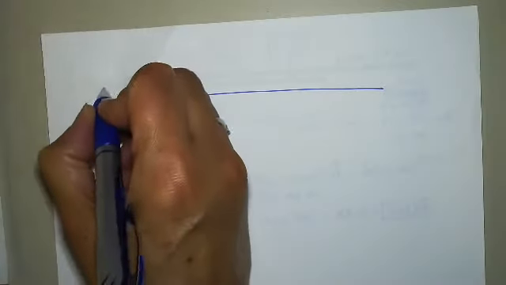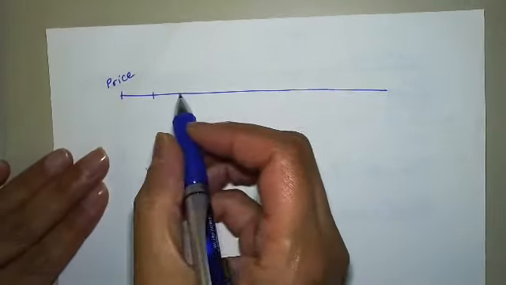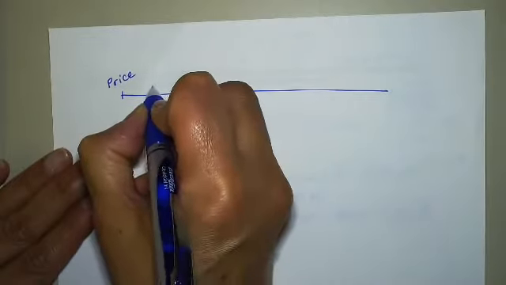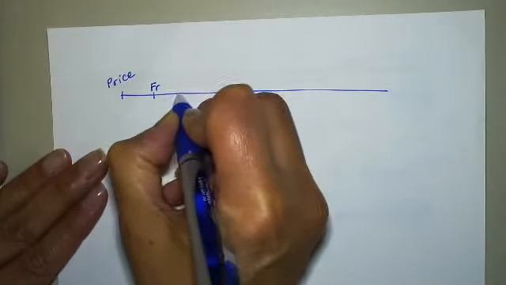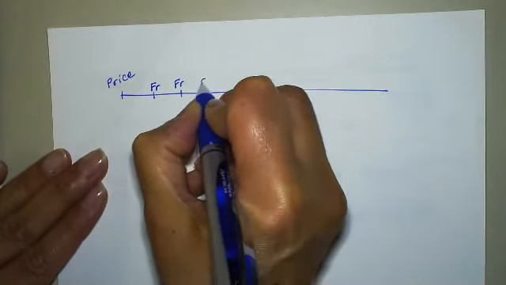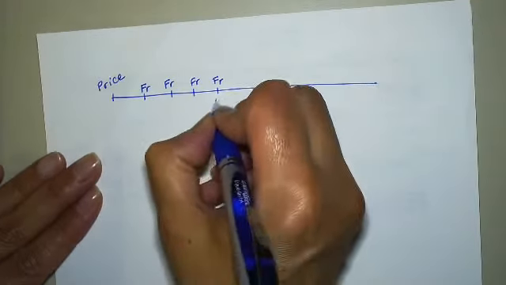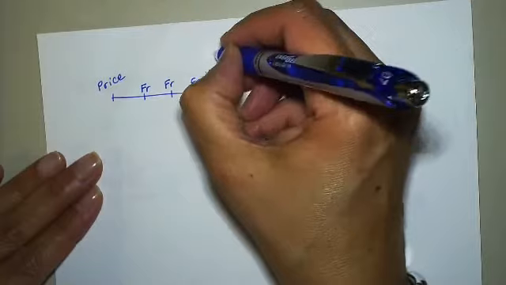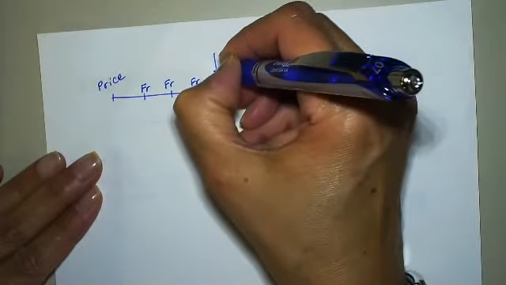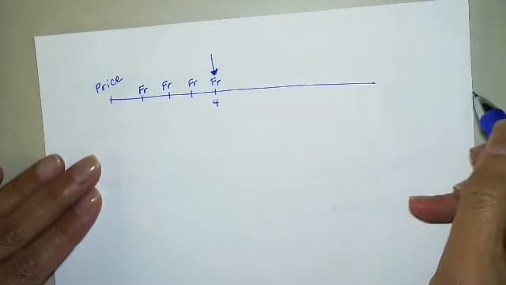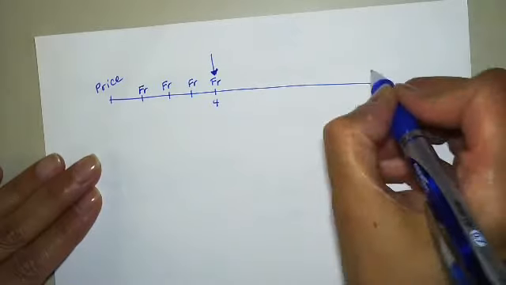Let's draw a picture, okay? I have a bond. I have already paid the price, and I've collected a coupon, a coupon, a coupon, and a coupon. And at time 4, I decide I want my money back from somebody else.